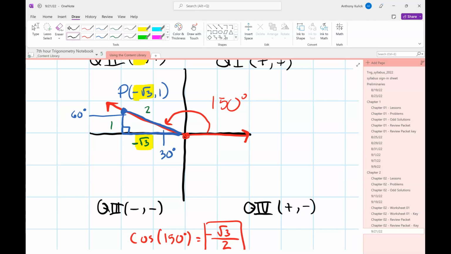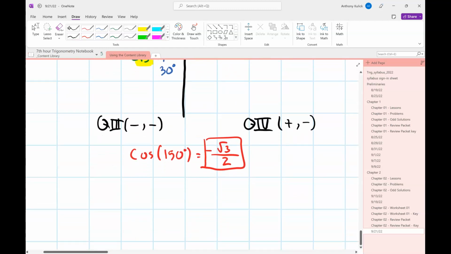Well, drawing the picture was kind of tricky, but not even that bad. Just boiled down to seeing another one of these stupid 30, 60, 90 triangles that I'm sick of. Is everybody happy with what I did? Okay. One more step in our definition.